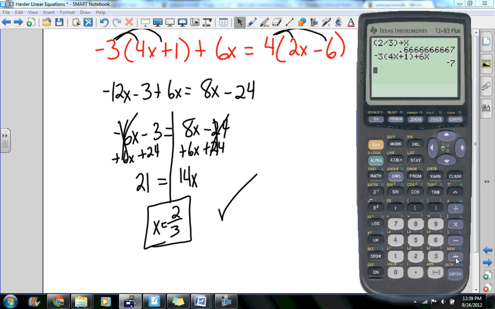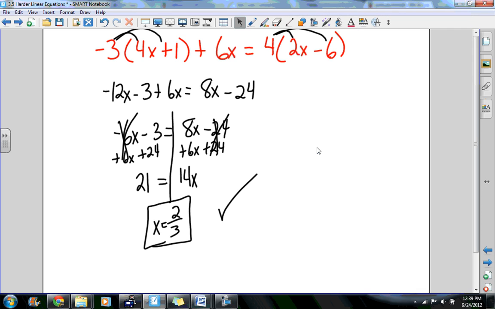Negative 7 and negative 4. Oh, so I made a mistake. So let's go back and take a look. Plus 6x. Negative 6x minus 3.